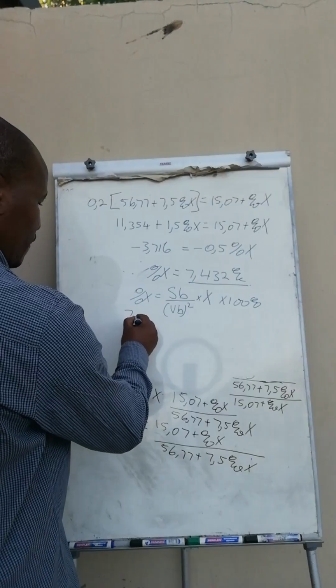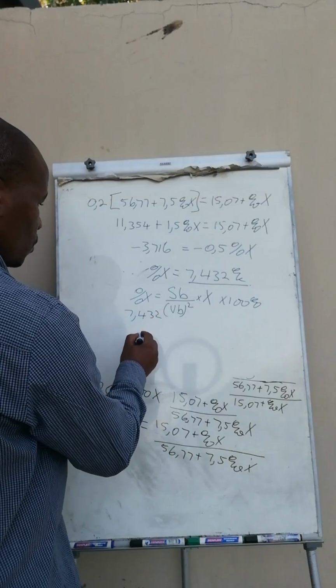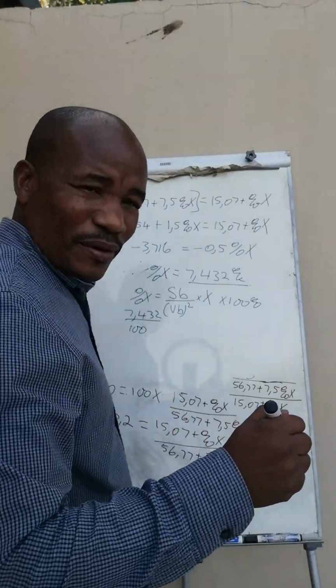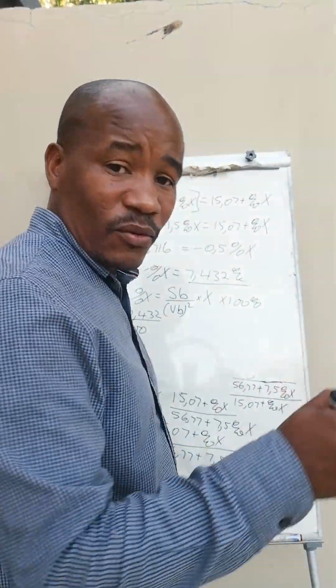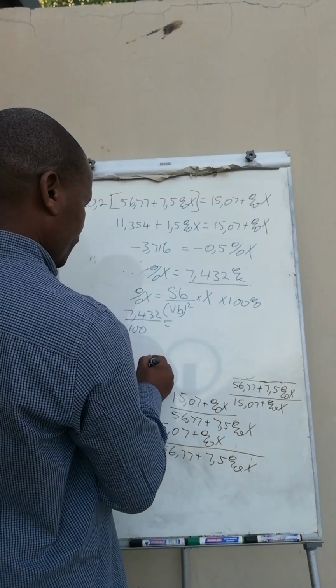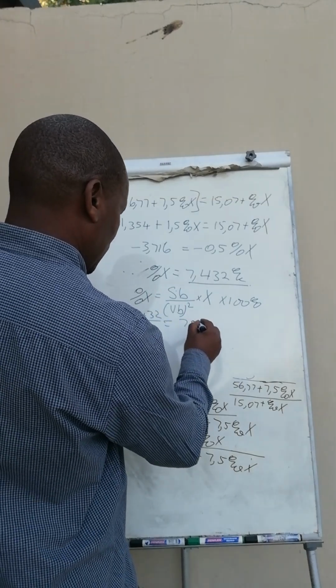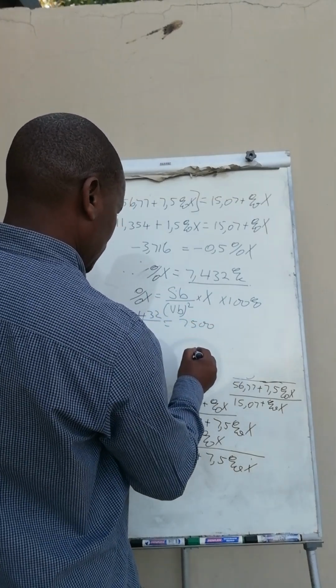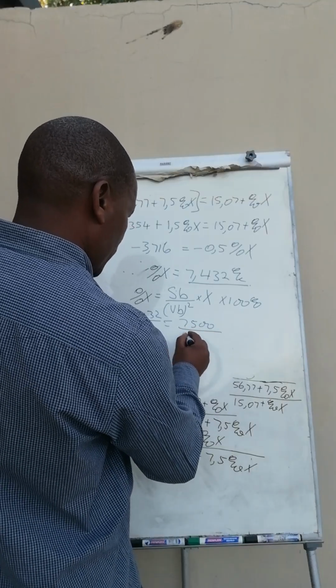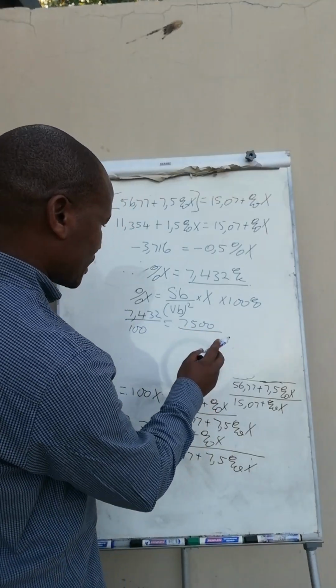We've got 7.432 divided by 100. And I'm still going to emphasize that again, and I'm going to tell you why. This is equal to 7,500 as a base over, I think it was 3,300.